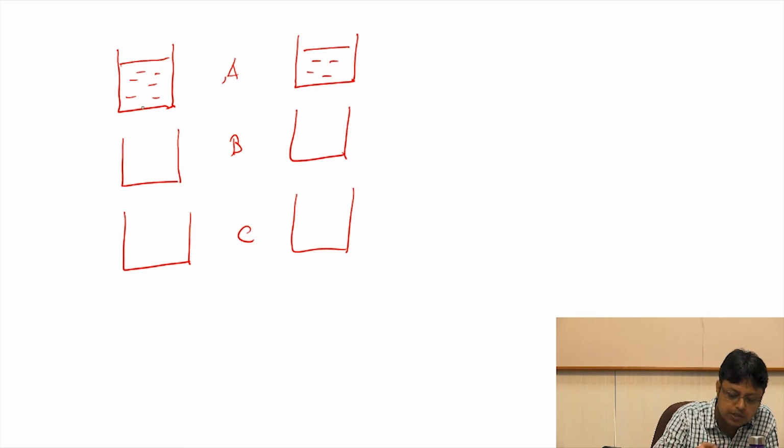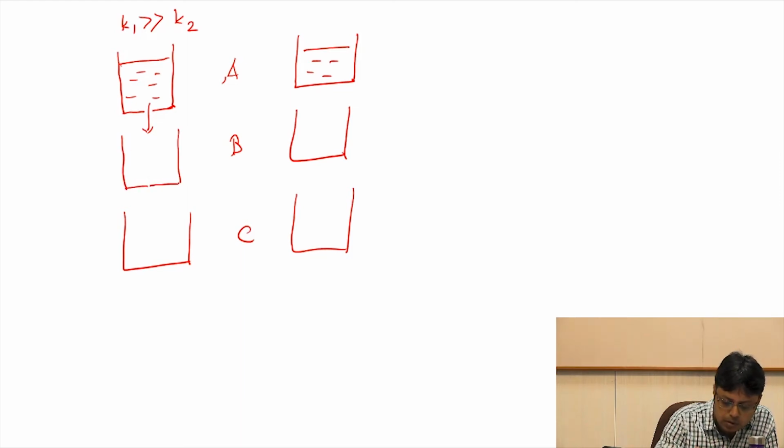Now suppose I punch a hole here, which means I have k1 much, much greater than k2. The water is pouring into B, but B also has a hole, but that hole is much smaller. So what will happen?